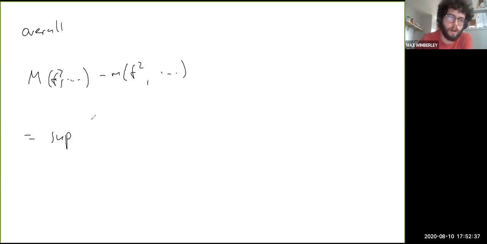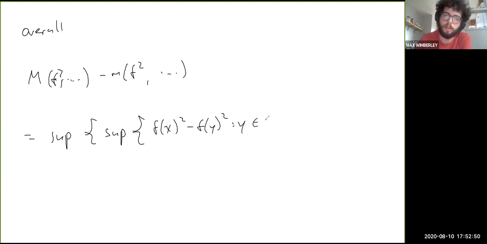Overall, capital M of f squared minus little m of f squared is the supremum of f of x squared minus f of y squared, where you're quantifying over y in here, and then over x out here.